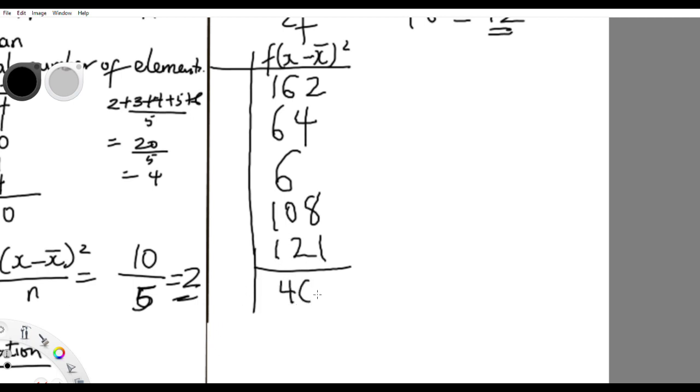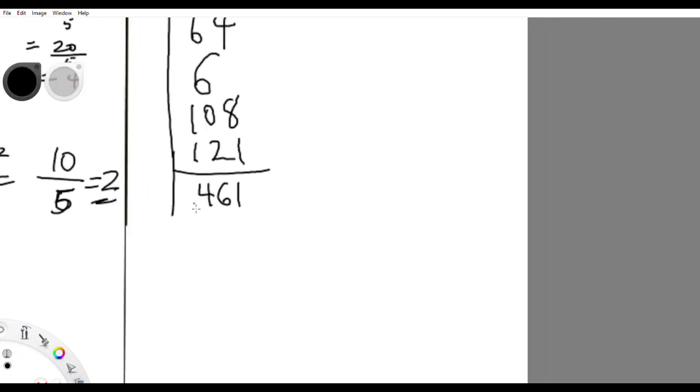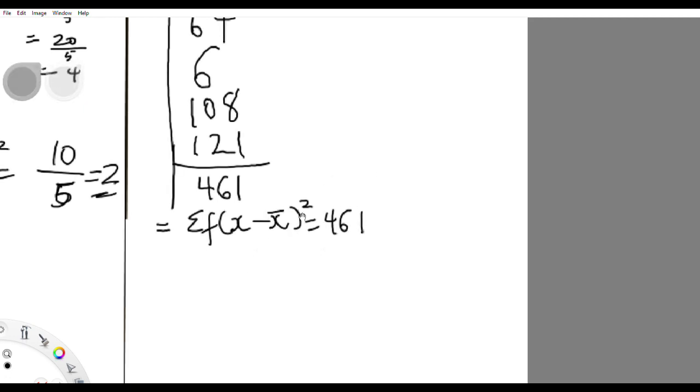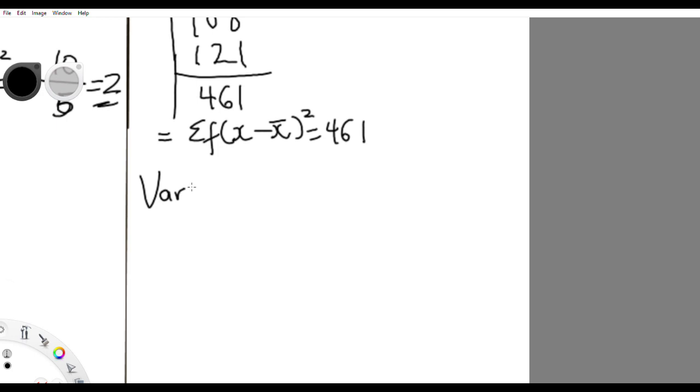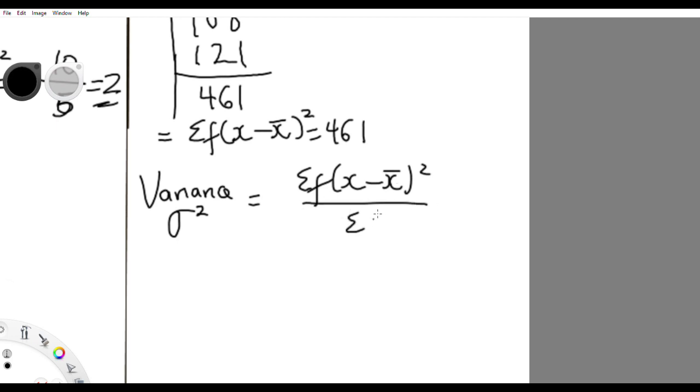So that's 461. Then you have summation of f times x minus x bar squared to be 461. Since we already have that, we can then calculate the variance, which is sigma square, to be summation of f x minus x bar all squared all over summation of f. This we already know to be 461.